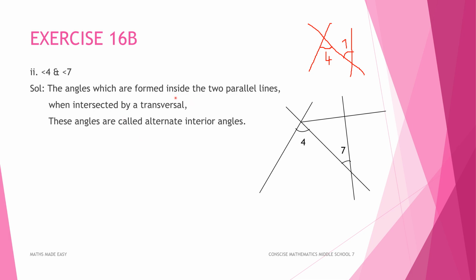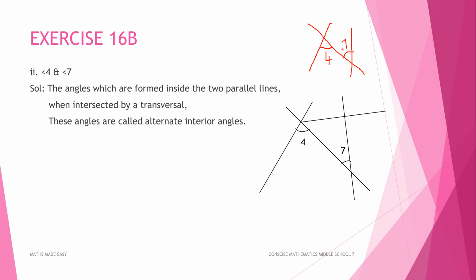And here is the definition for interior alternate angle. It can also be called alternate interior angle. The angle which is formed between the two parallel lines. See, I have told you that these are parallel lines and the angles are formed between these parallel lines. It is inside. So I have just explained that interior means inside. Just remember that it is inside the parallel lines where it is intersected by the transversal line.